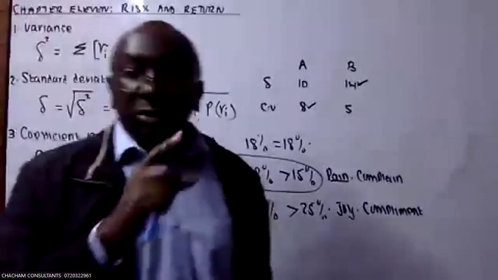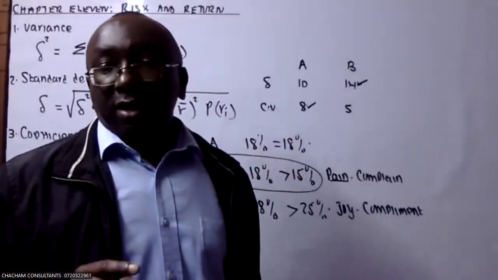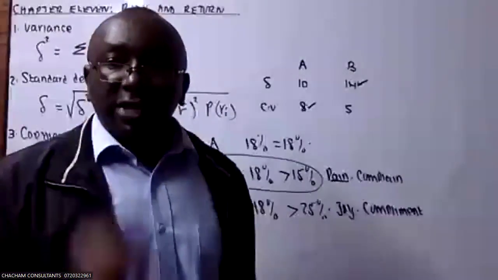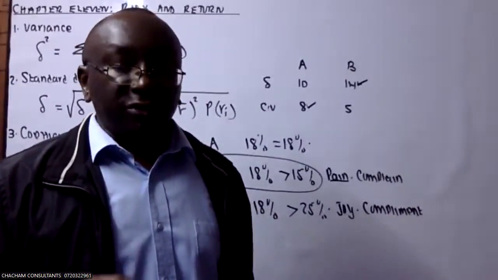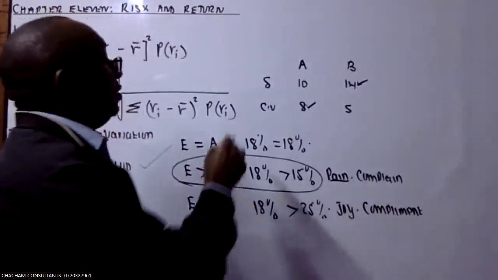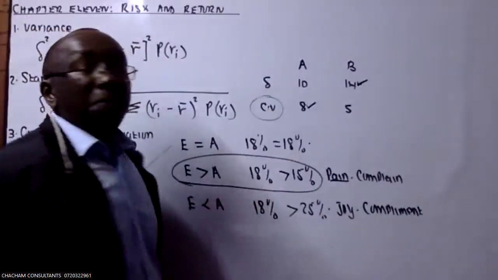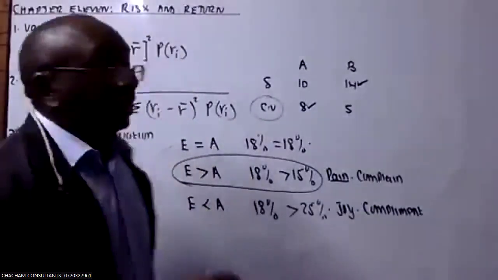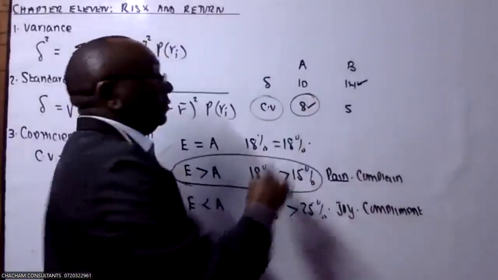Standard deviation tells you take B. Coefficient of variation tells you take A. So who do you take? That's now when we have said that coefficient of variation is taken to be superior. And therefore, we take direction from it. So we will go for this.